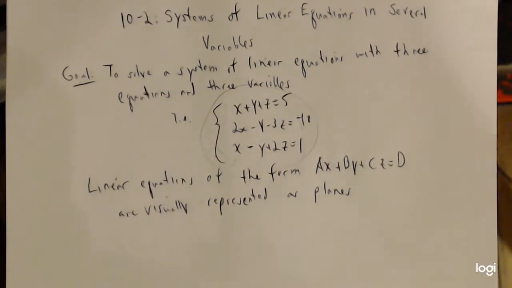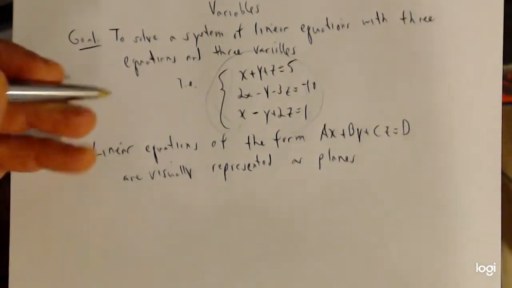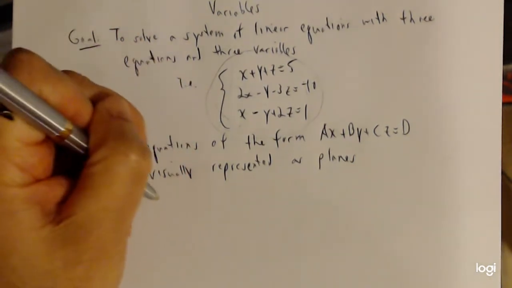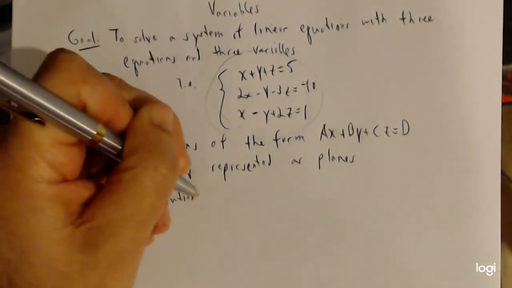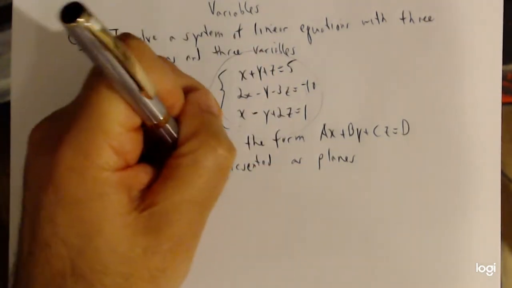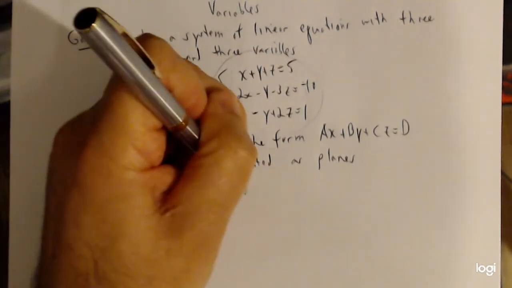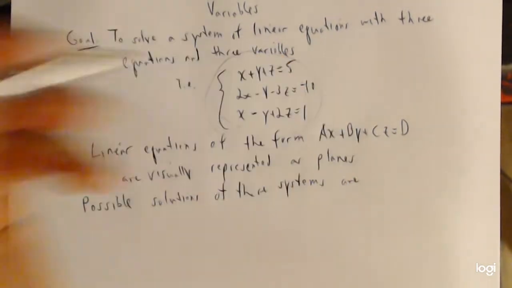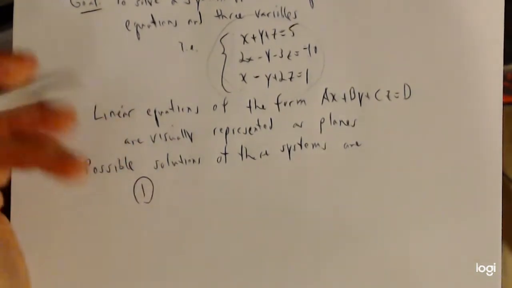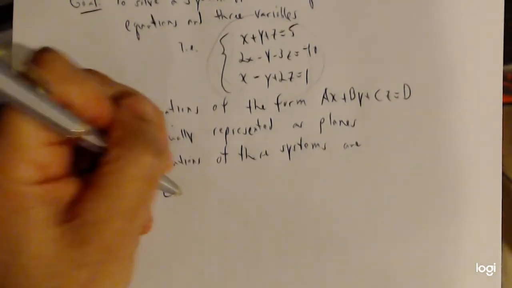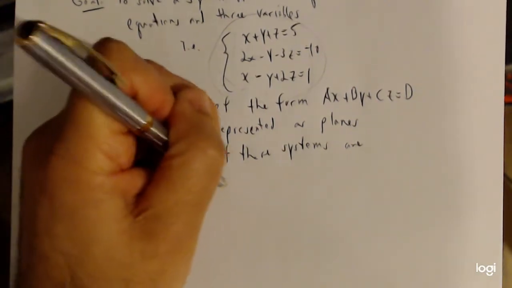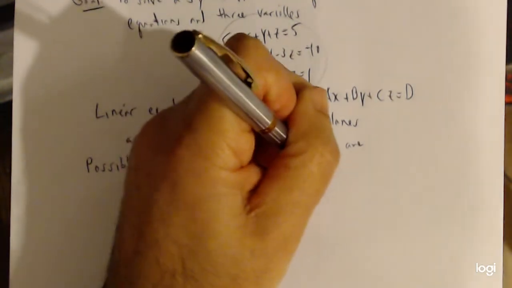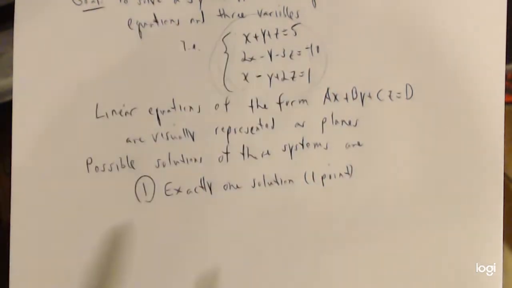So before we go any further, just like in section 1, I want to first talk about what the possible solutions of these types of systems are. The first possibility is exactly one solution. What does that mean? The planes all meet at just one point.